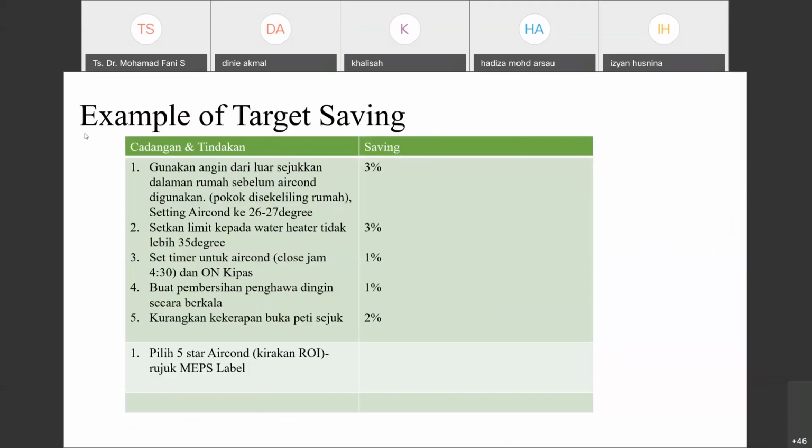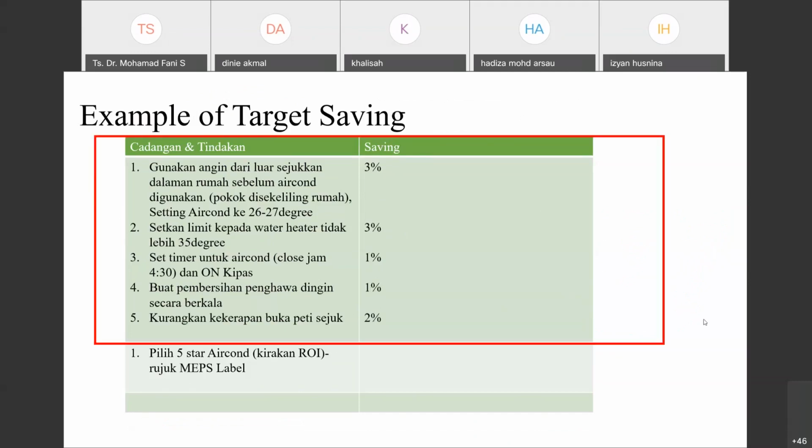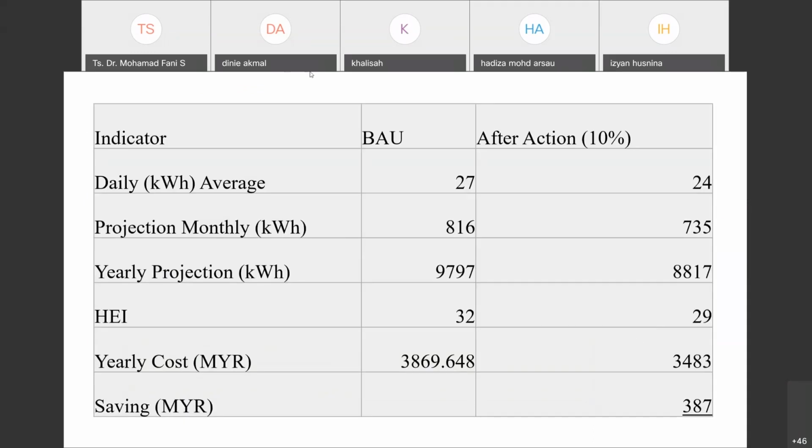So put the target, for example, with the action to save 3%, 10%, 1%, 2% here, and then forecast. At least 10% saving. That's the assignment requirement, at least 10% saving. And calculate BAU, business as usual, or activity as usual.